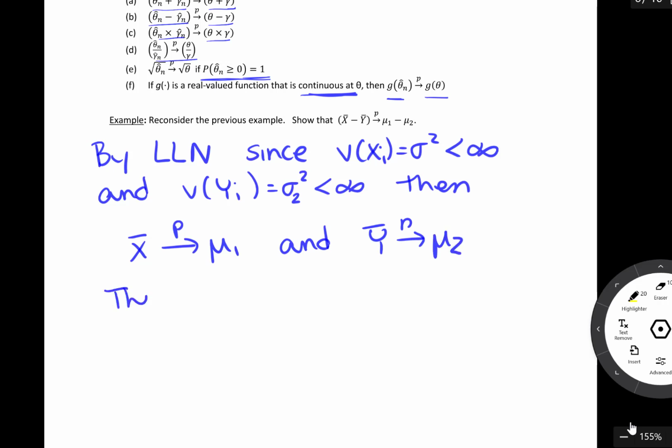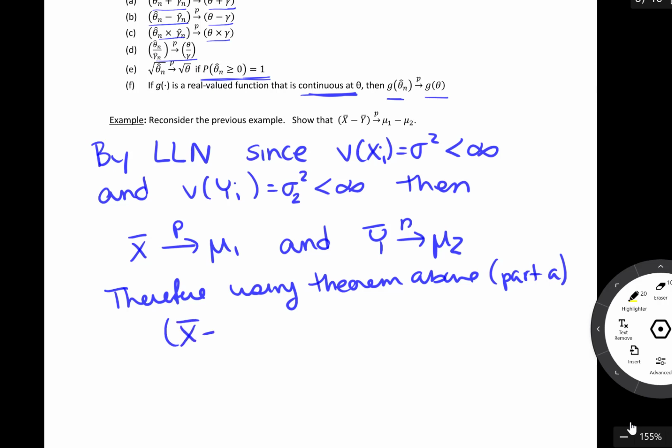So therefore, using the theorem above, and we're using part A, we get the same thing that we just did on the previous page.